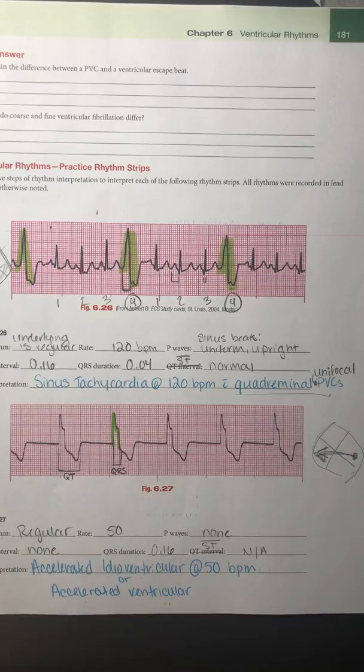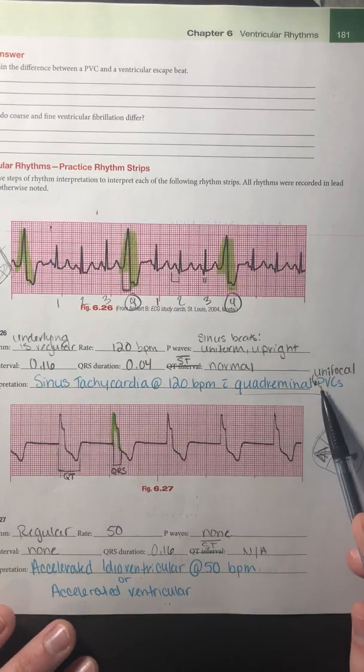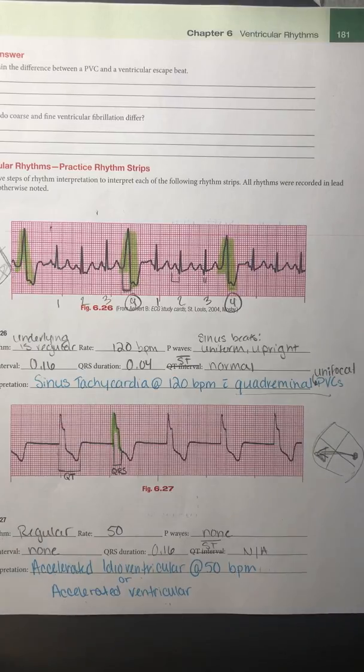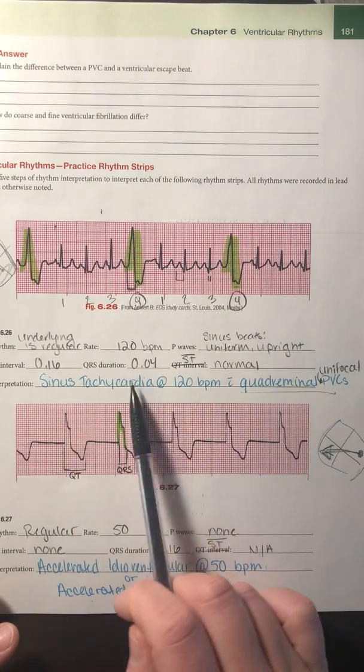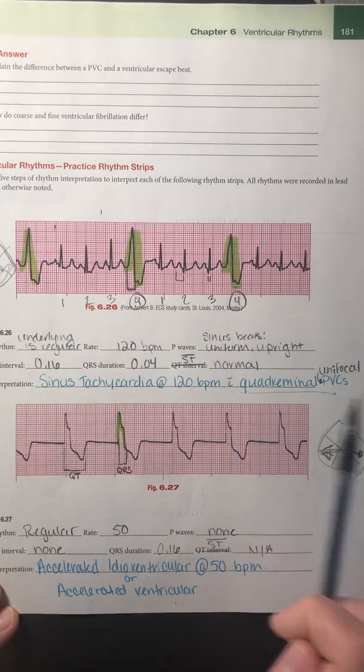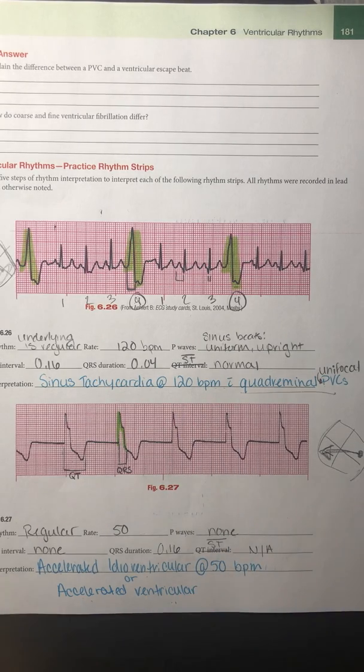If for some reason they were multifocal PVCs, definitely include that in your rhythm interpretation because that's out of normal. But you don't have to put unifocal in there. If you do, being more specific never hurts, so you can definitely put that in there. So sinus tachycardia, because my sinus rhythm is at 120 beats per minute with quadrigeminal PVCs for my rhythm interpretation.